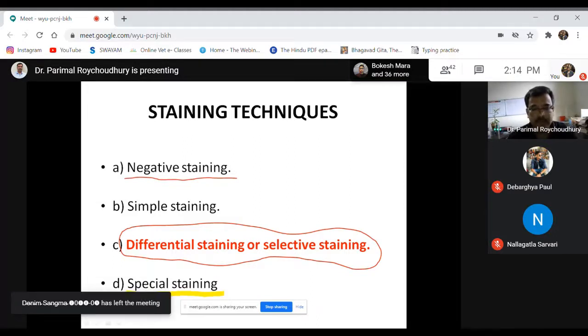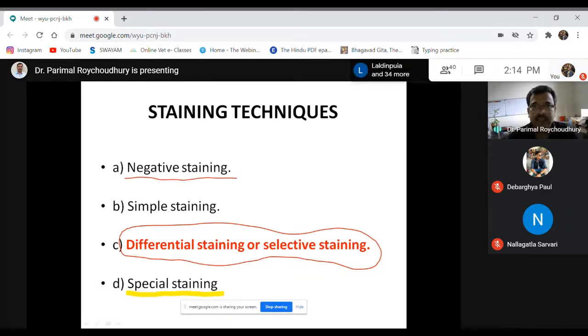For that, we can go for metachromatic staining and volutin staining. So basically, we can say these techniques: negative, simple, differential, special. Out of these, the first one is negative staining, where bacteria don't take any color, whereas the rest, all three, take active staining.